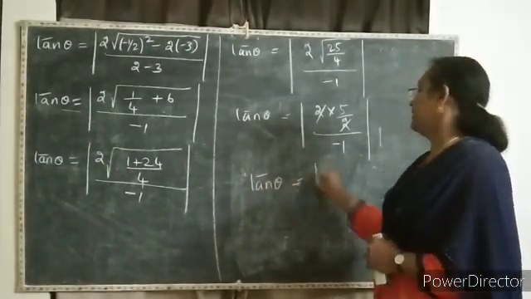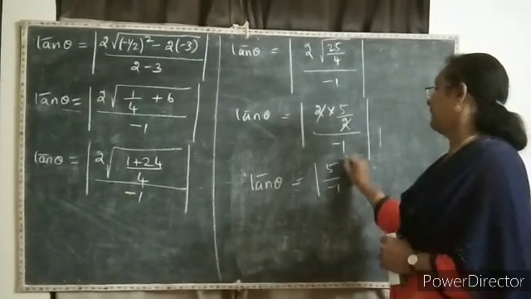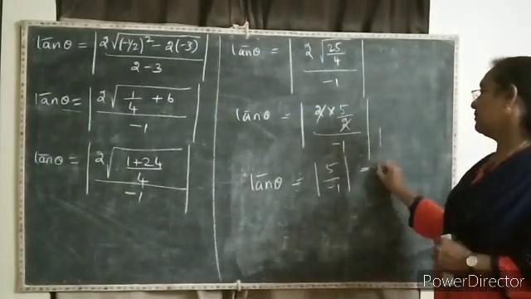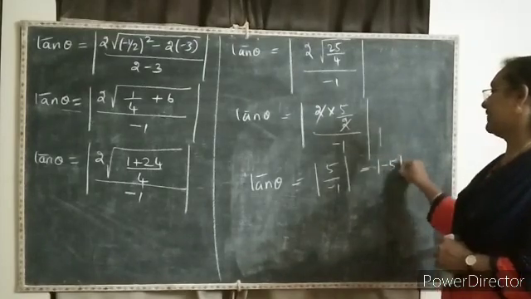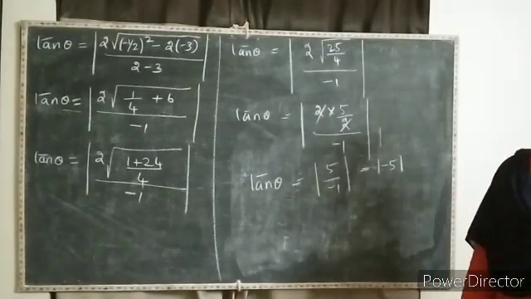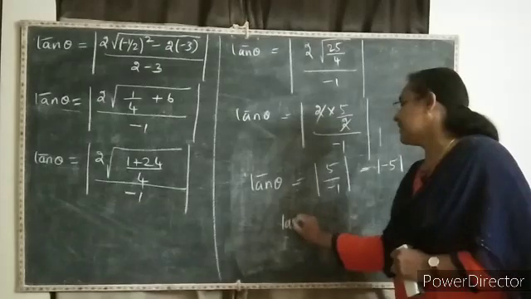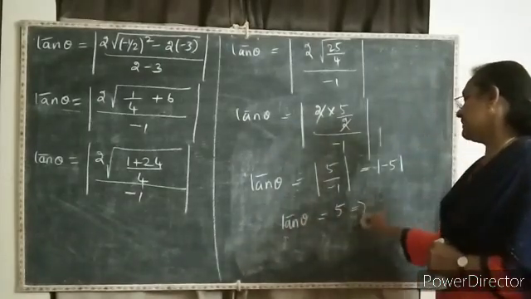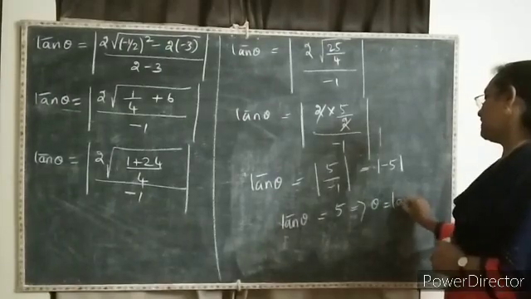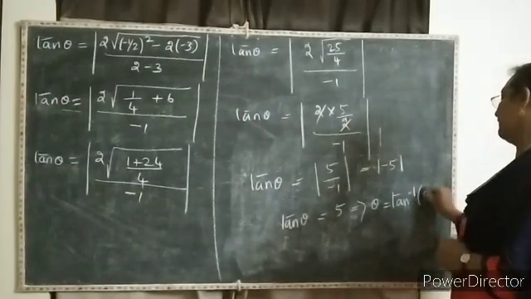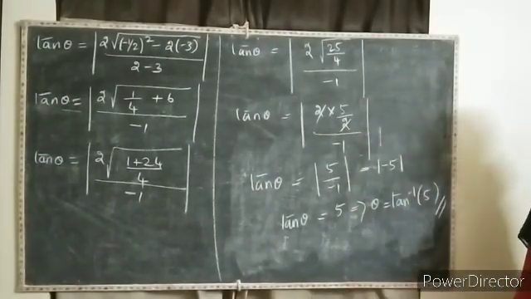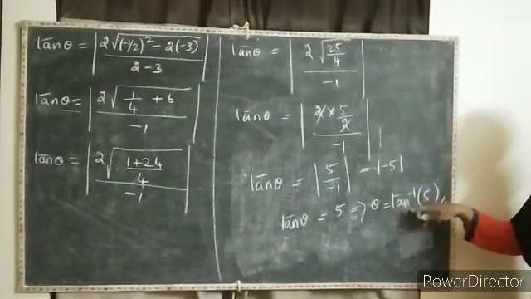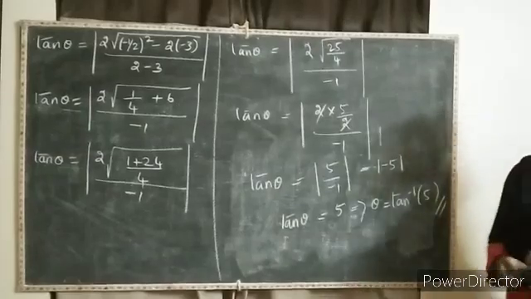Tan theta equal to modulus of 5 divided by minus 1, that is modulus of minus 5. Since it is inside the modulus, I can write tan theta equal to 5. This implies theta equal to tan inverse of 5. Hence we have proved the second result also. The angle between the two straight lines is tan inverse of 5.